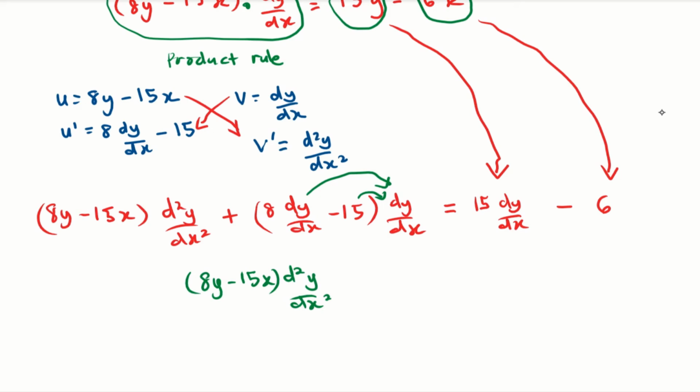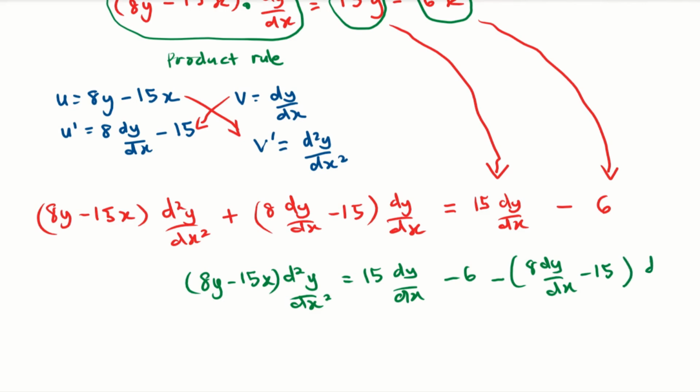Kalau tak nak expand pun boleh, kita pindah je pun boleh, tak ada masalah. Okay, katakanlah kalau kita pindah terus. So equals to 15 dy dx minus 6 minus 8 dy dx minus 15 dy dx.